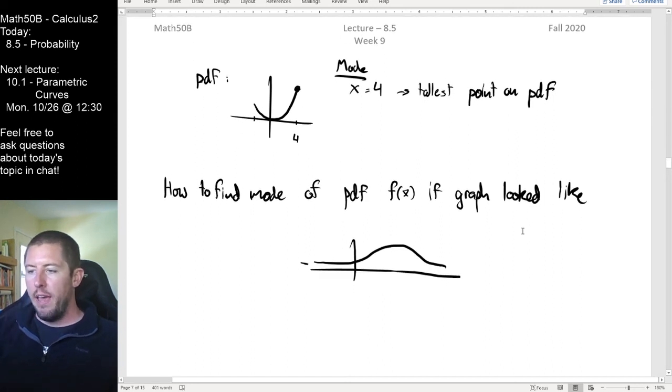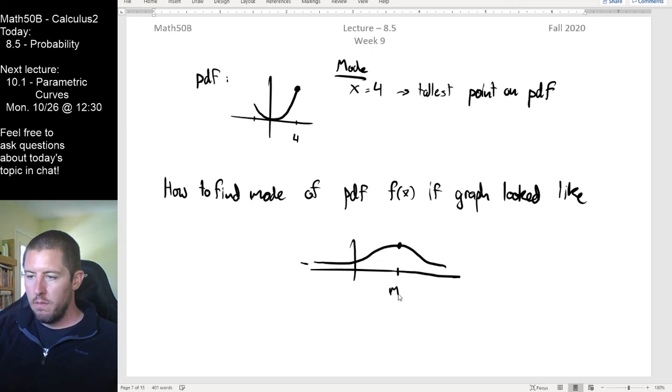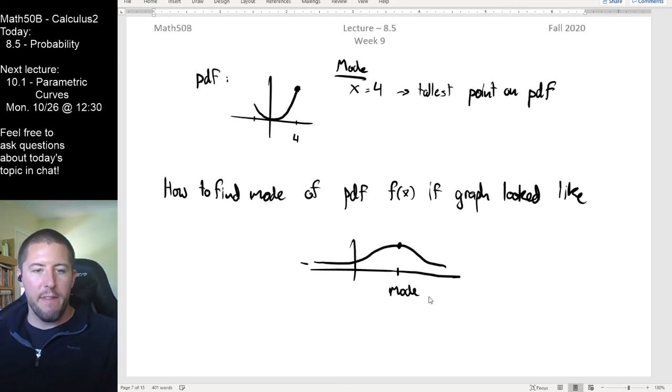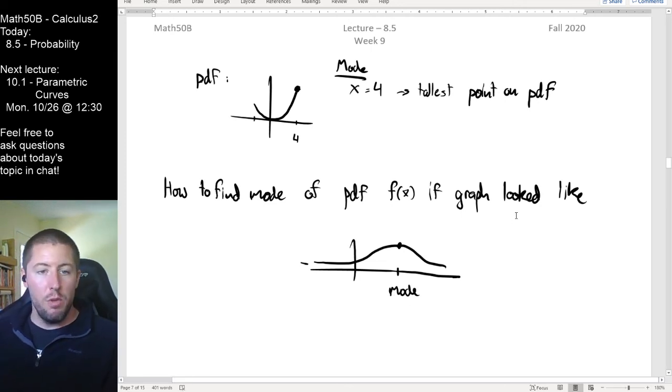Then you should identify that visually the mode is right here. But how are we going to find that location? Fortunately, you've taken calculus, so you know exactly how to find that location.